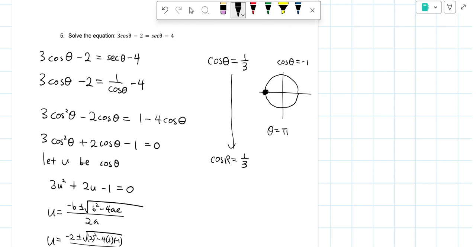In this question, because the domain doesn't specify either radians or degrees, I'm going to go with radian mode first. So let's solve arccos of 1 over 3, and I get approximately 1.23 radians.